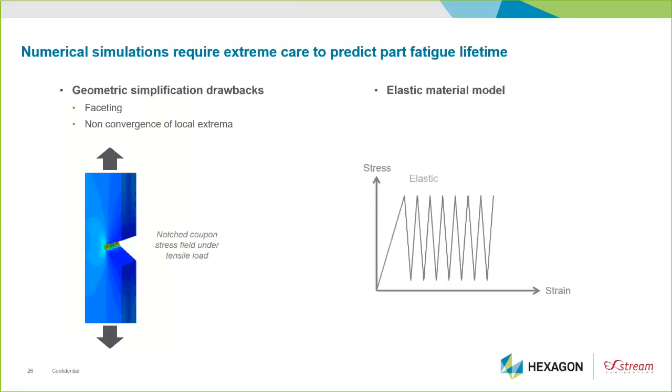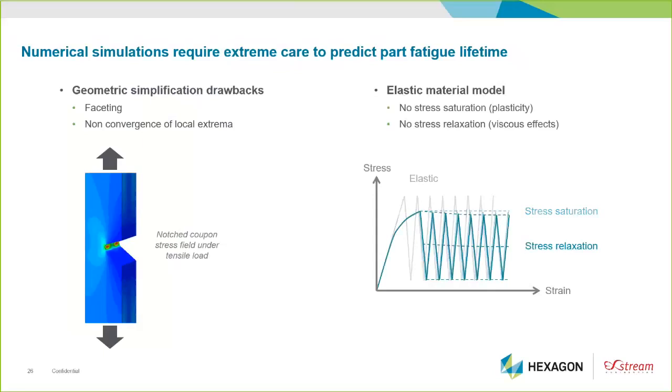The other aspect is that we perform elastic simulations, while thermoplastics are far beyond elastic. So when cycling, we don't account for stress saturation due to plasticity, and we neither account for stress relaxation related to viscous effects. Those two effects would tend to diminish the maximum stresses at the hotspot, which lead to a certain lifetime.